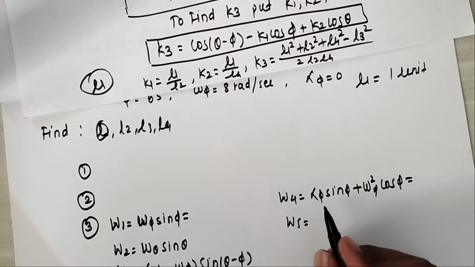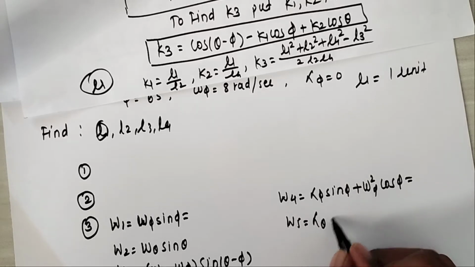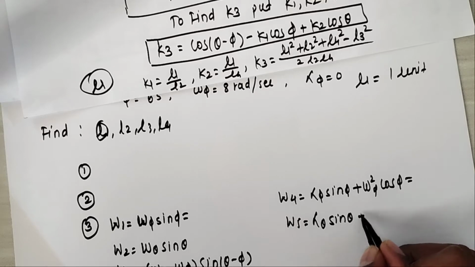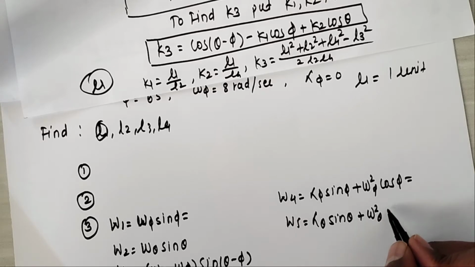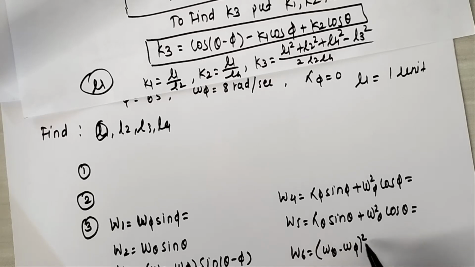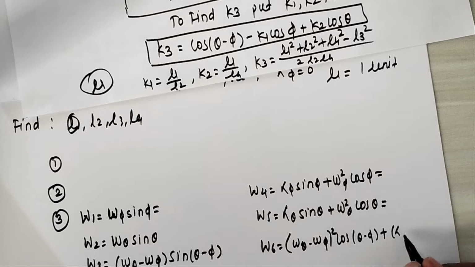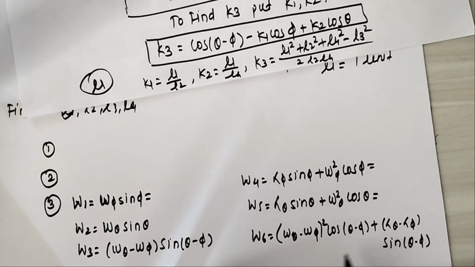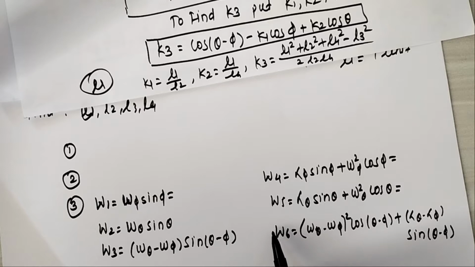W5 is equal to alpha theta sin theta plus omega square theta cos theta, and W6 is equal to omega theta minus omega phi, bracket square, cos of theta minus phi plus alpha theta minus alpha phi sin of theta minus phi. So these are the 6 kinematic coefficients we have to obtain in step number 3.